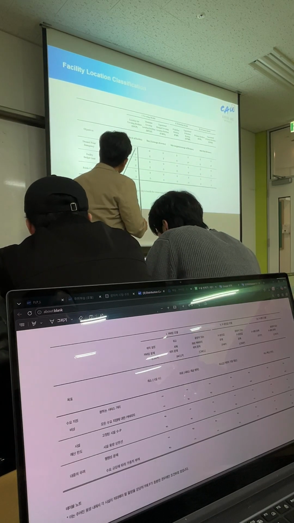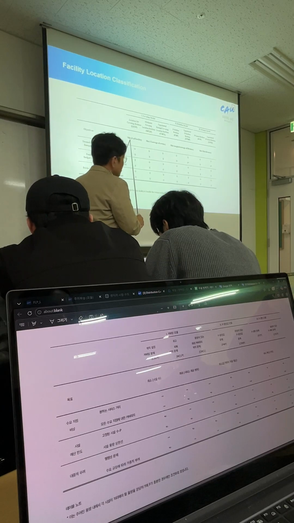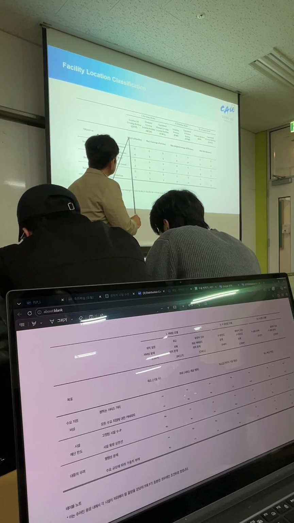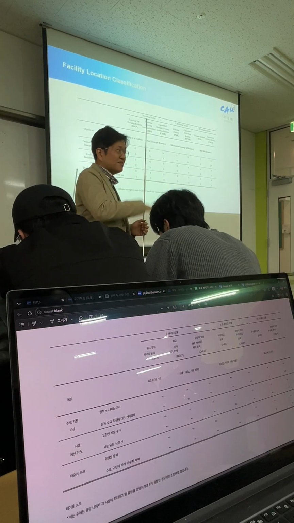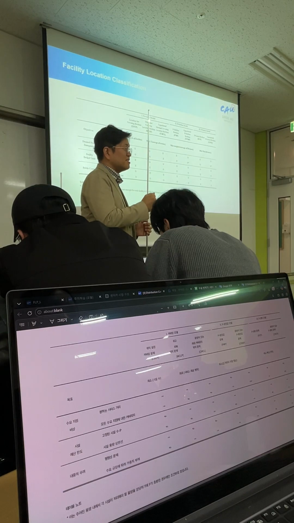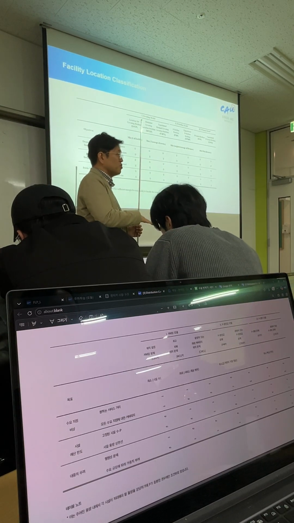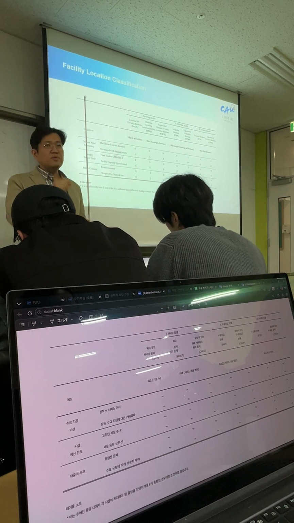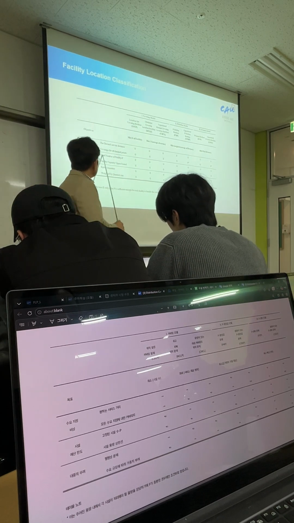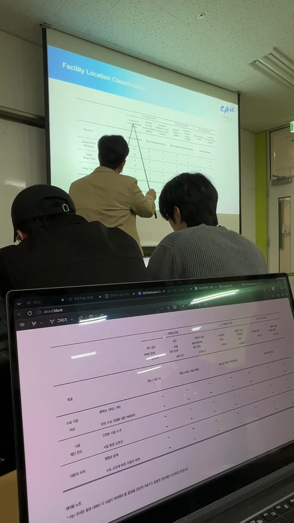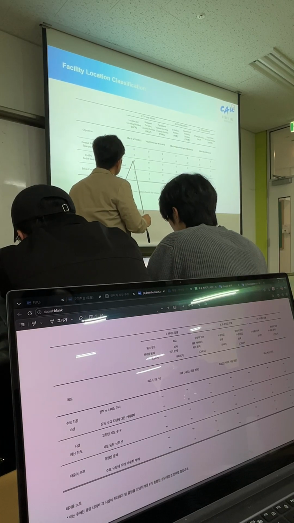So the objective function is already telling us this is not fixed because I want to minimize. So the number of facilities is not fixed, but I want to just minimize. I don't know how many, but I want to minimize it. That means the number of facilities in this problem set is not yet fixed.